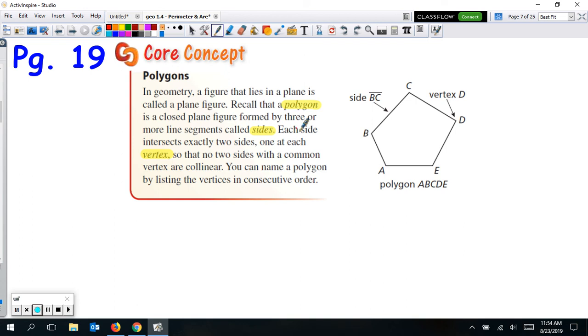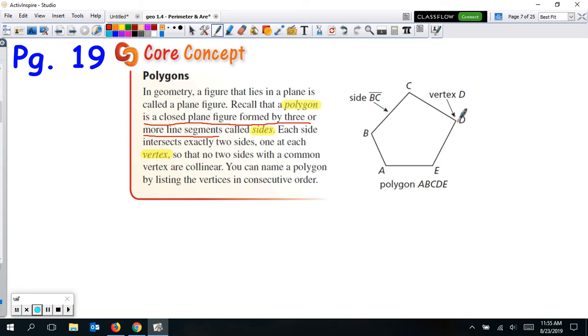You can underline that a polygon is a closed plane figure formed by 3 or more line segments, and those are called sides. Each side intersects exactly 2 sides. So this side here is intersecting this side over here and this side over here, exactly 2 sides, one at each vertex.